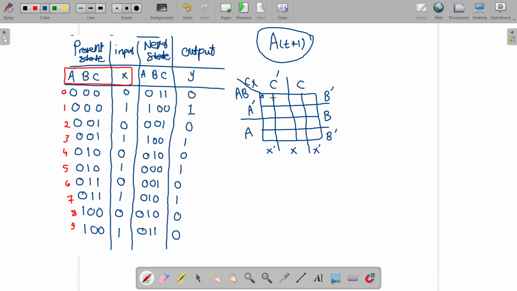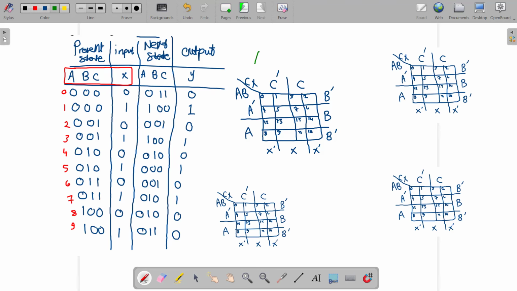So here is 0, 1, 2, 3, 4, 5, 6, 7, 8, 9, 10, 11, 12, 13, 14, 15. Because I will use this Karnaugh map 4 times for A(t+1), B(t+1), C(t+1), and Y, I copy this Karnaugh map and will continue with it.